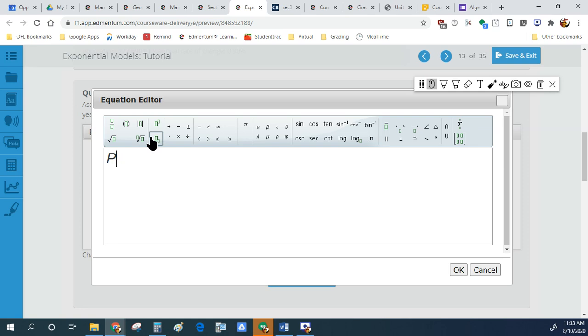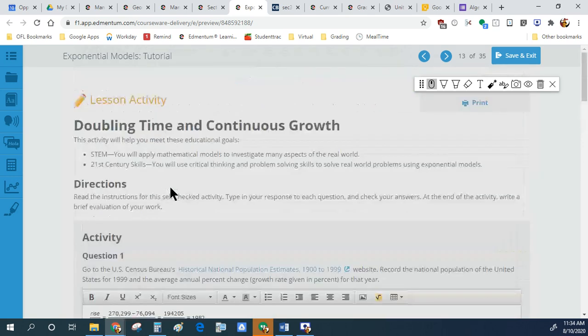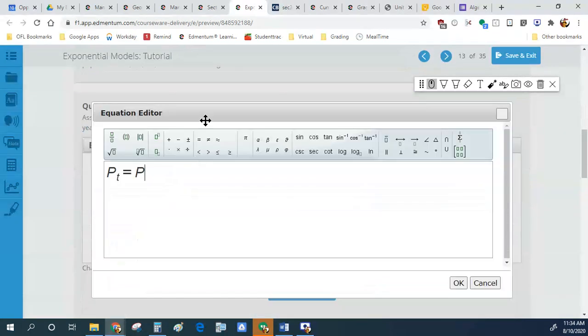P subscript T equals P, and they're talking about after that year, so I'm going to do it starting from the year that we want.